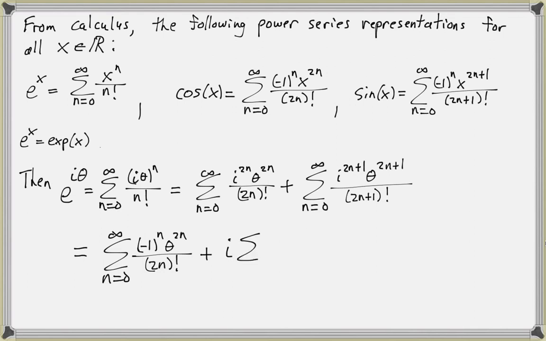Then I can write i to the 2n as -1 to the n, theta to the 2n plus 1 all over 2n plus 1 factorial. And we see that this equals cosine of theta plus i sine of theta.